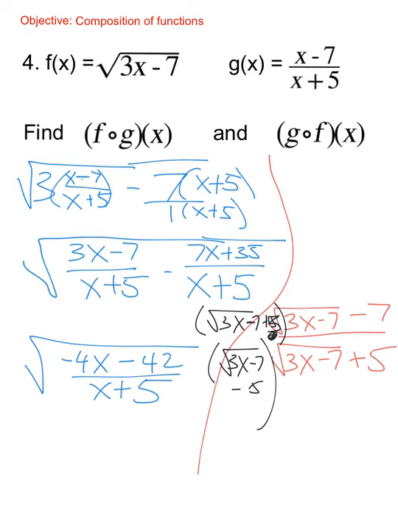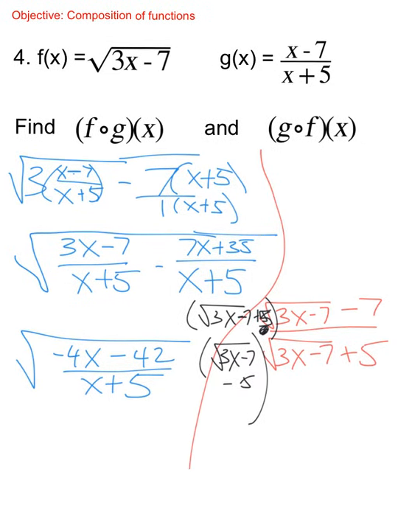So we end up getting, let's see if I can do this in my head. Oh no. So we FOIL and we get 3x minus 7. Let's see, that's minus 5. That's a minus, so that's minus 12 times the square root of 3x minus 7 plus 35.